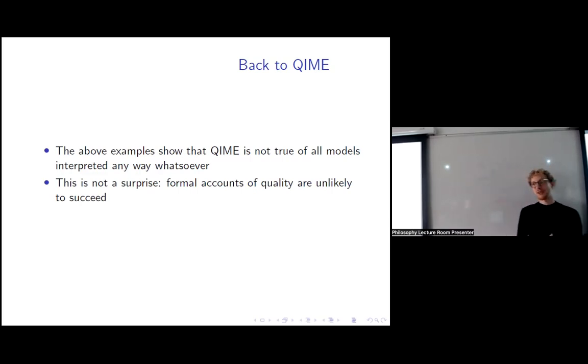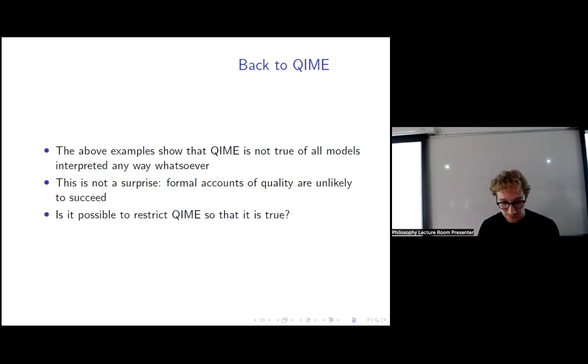But here it seems we're doing something similar. We're trying to match the idea of being qualitative onto the formal feature of being invariant under isomorphisms. If you're skeptical of formal definitions of quality in the linguistic case, then we should likewise be skeptical of doing it in a model theoretic way.